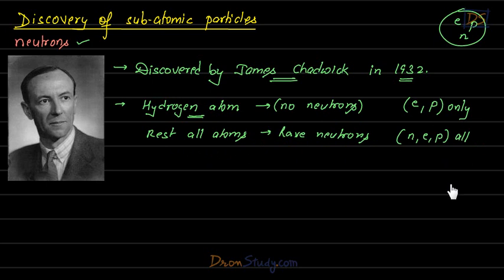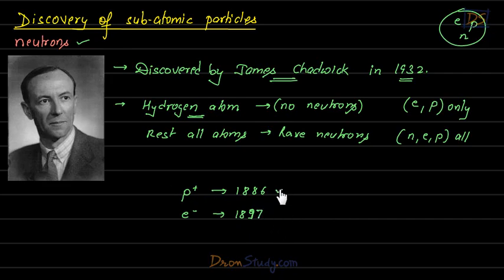You understand? So now, students, we have seen about the discovery of all the 3 subatomic particles. So let me remind you that protons were discovered in 1886. Electrons were discovered in 1897.